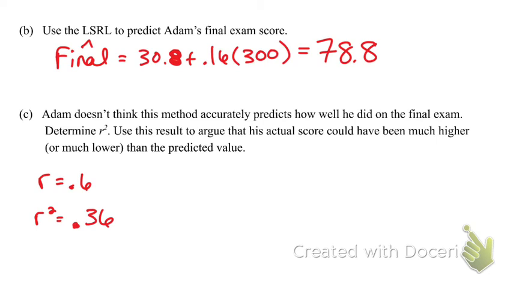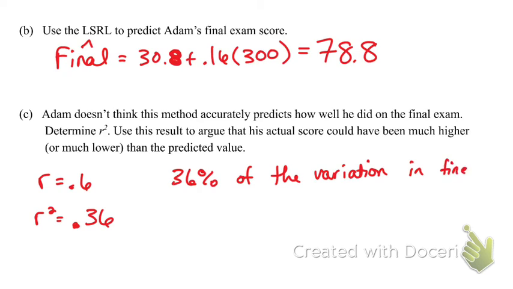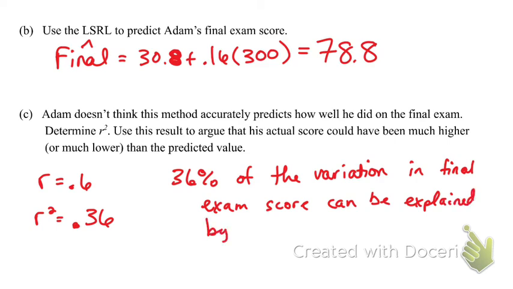Let's go, Adam. All right, so 36% of the variation, this is that sentence again, 36% of the variation in final exam score can be explained by this linear model.